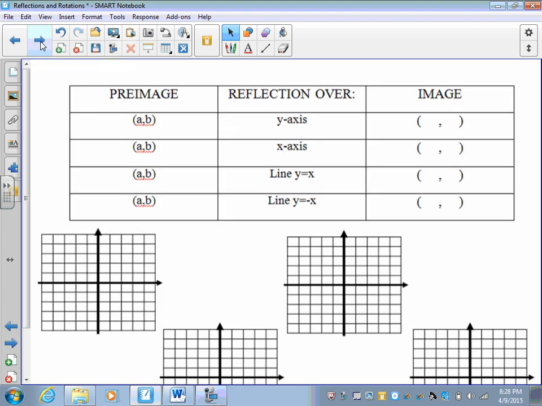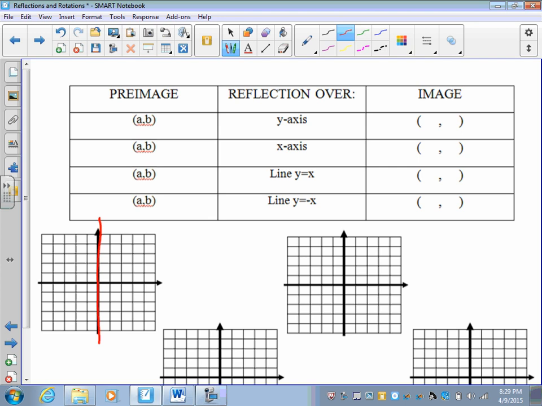Okay, so for reflections, here are a couple of lines that are going to be common. You're going to see these quite often, so it is worth our time to go over them. Reflection in the y-axis. So this is my y-axis.